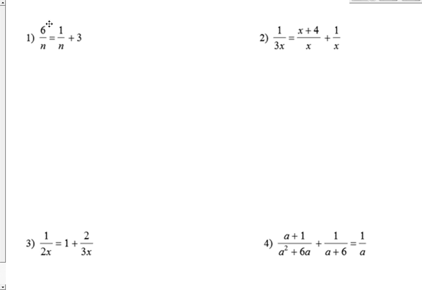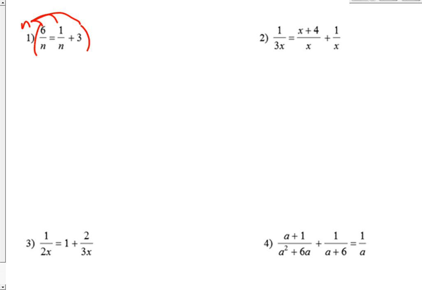Here is number 1. When we first look at this, we need to realize that we have some fractions in here. And anytime we have fractions and we're trying to solve an equation, we definitely want to get rid of the fractions. So to get rid of the fractions, I am going to multiply by n, because that is my common denominator. When I multiply by n, I'm going to be distributing to each and every term in the parentheses.